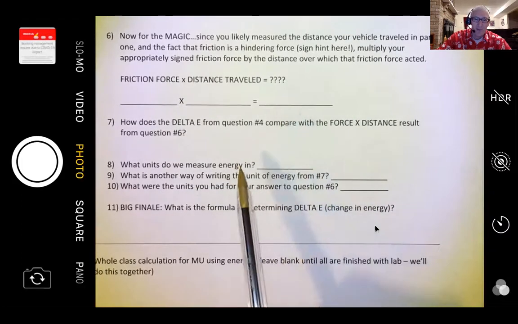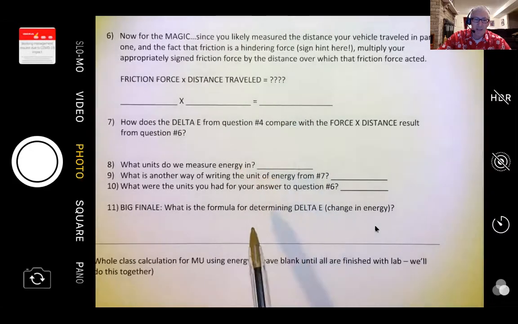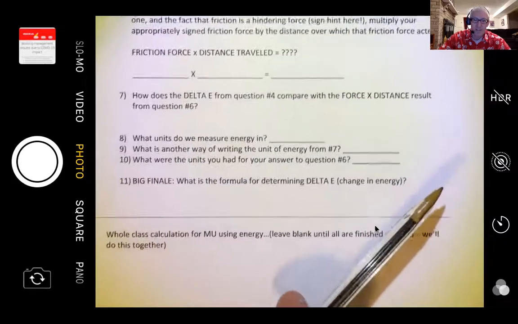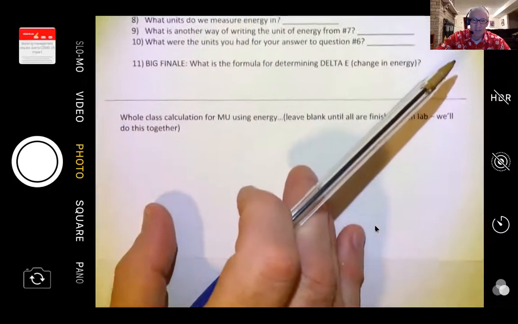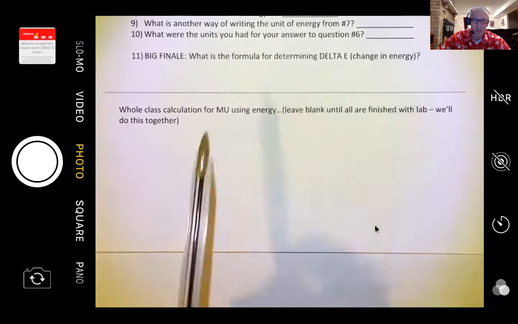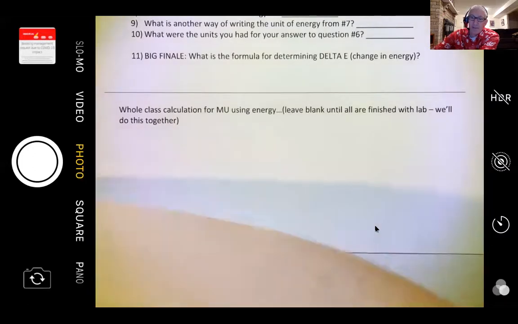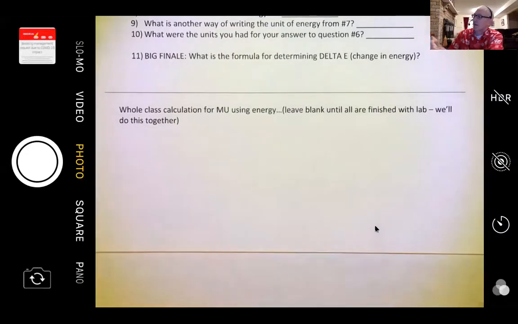And then we've got some questions to answer here. And then the big finale, what is the formula for determining delta E, the change in energy? And remember that delta E is just work. And then what I'd really love is to see if you could figure out how to determine mu using energy.